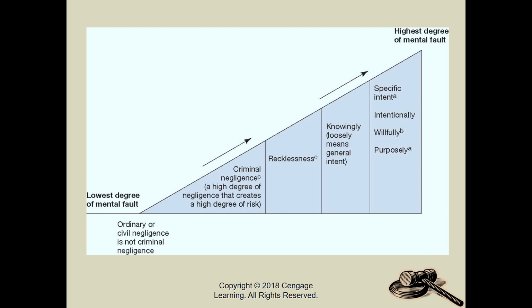But you can have criminal negligence where you really messed up quite a bit. Recklessness, knowingly, and then specific intent, which is intentional, willful, or purposeful. The higher up you get that, typically the higher the penalty and the more serious the crime. So if we look at our homicide statutes again, first-degree murder would be at the top with specific intent and premeditation, and your involuntary manslaughter would be down to the bottom.